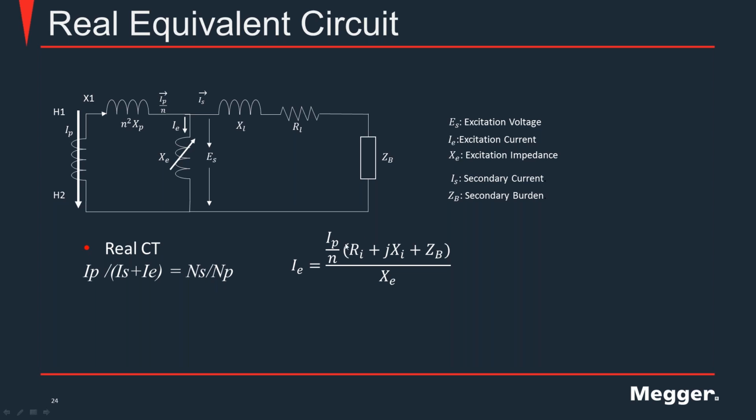As you can see in this formula, the excitation current is affected by this burden, or your load. This load could be a relay, a meter, or other devices for SCADA, for example, like a transducer. So again, the losses, the excitation current, is affected by the load here, please remember that.